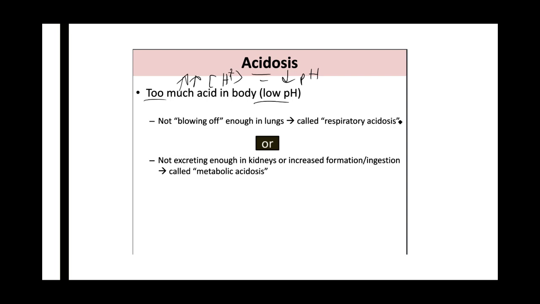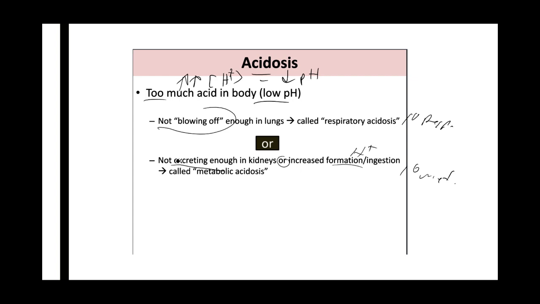If the primary cause is in the lungs, so primary respiratory, it's usually due to some form of hypoventilation, or some prevention of CO2 being exhaled, so you're not blowing off enough in the lungs. Now, if it's a primary metabolic cause, either the kidneys are not excreting enough hydrogen to be peed out, or there is increased formation of hydrogen ions.